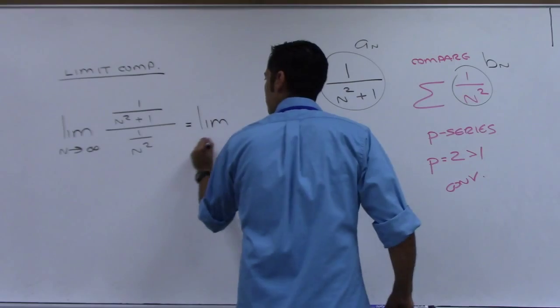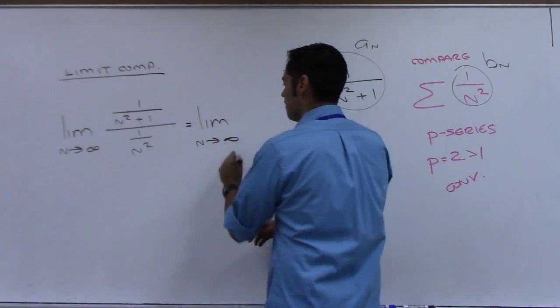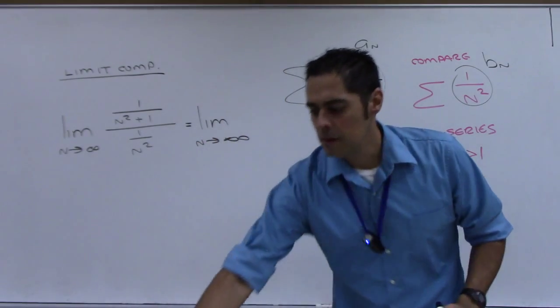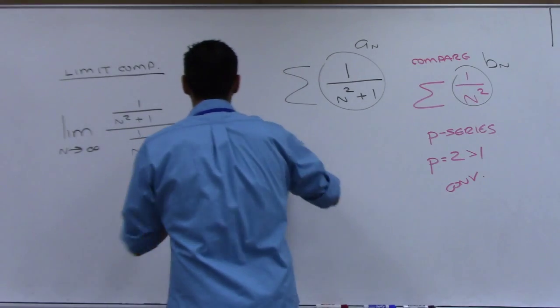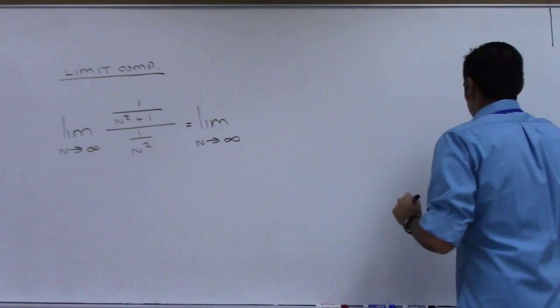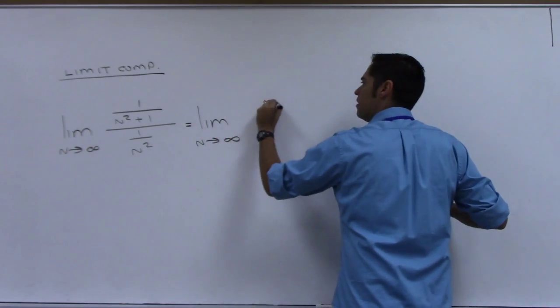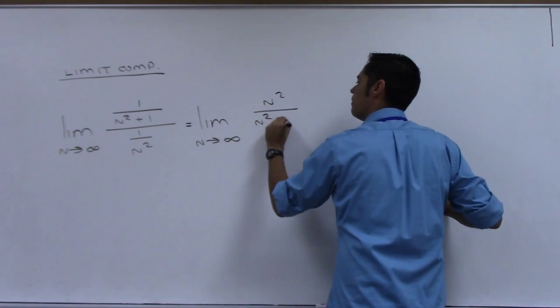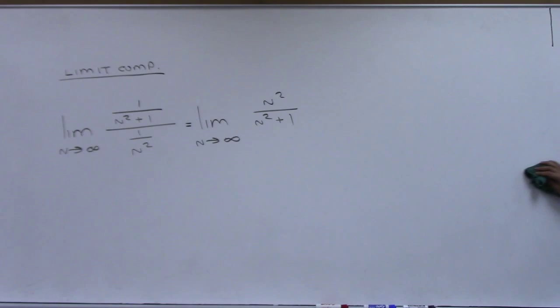Just flip the fraction before you do anything, all right? Just flip it. That's why I recommended we do it. Flip it, it's n squared over n squared plus 1. Right? That's what that is. L'Hopital, 1.